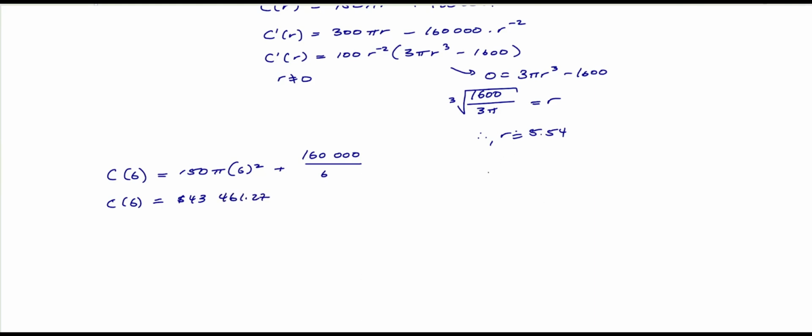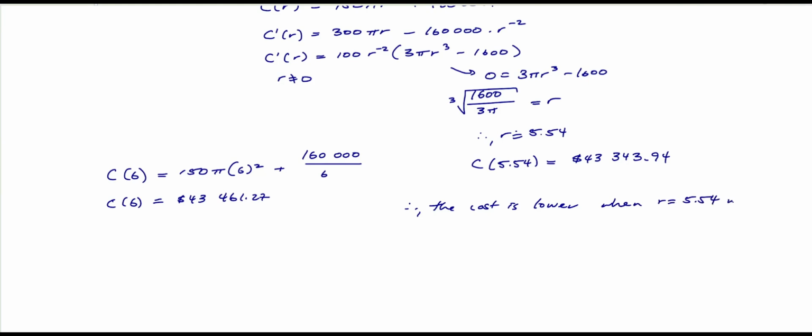Now I can look at the cost at this radius right here, 5.54. When I insert that in, the cost at that radius is $43,343.94. So therefore, the cost is lower when r is equal to 5.54 meters.